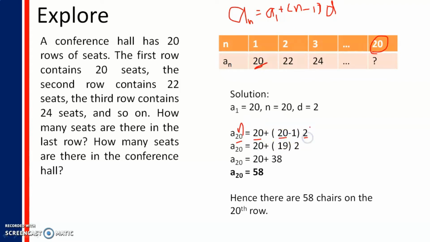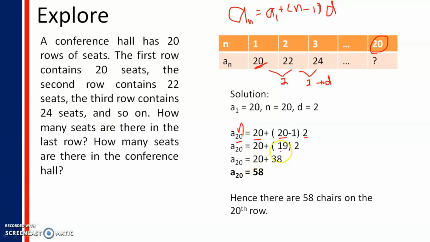How do we get the common difference again? You just need to subtract the first term from the second term. So 22 minus 20 is positive 2. 24 minus 22, we have 2. So this is our common difference, or d.